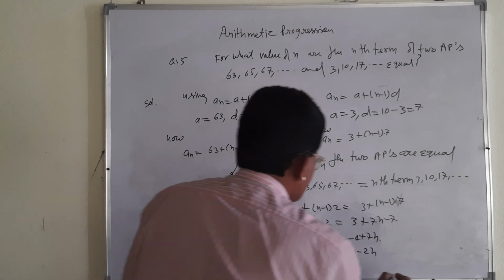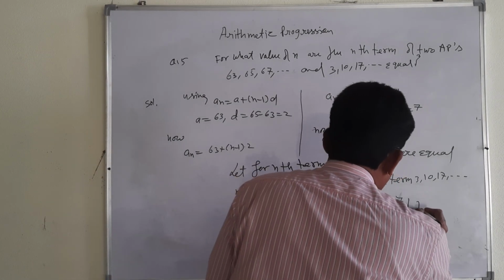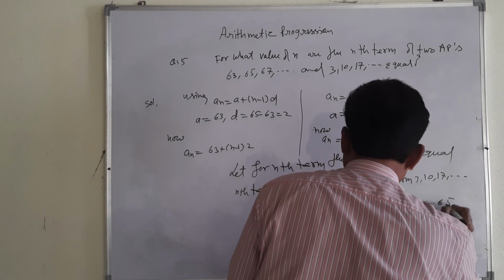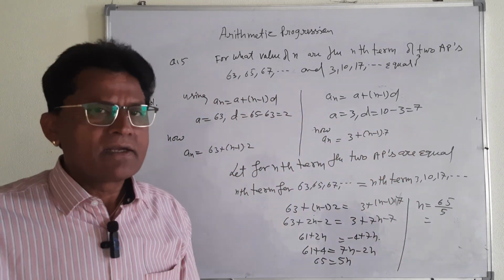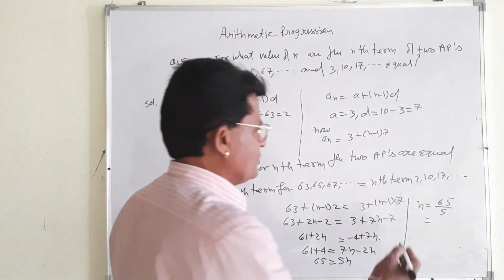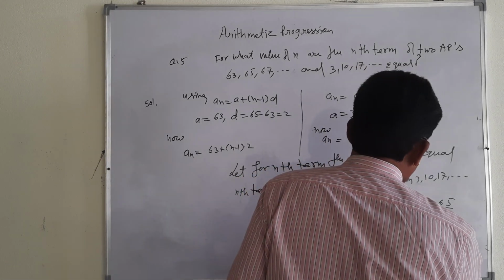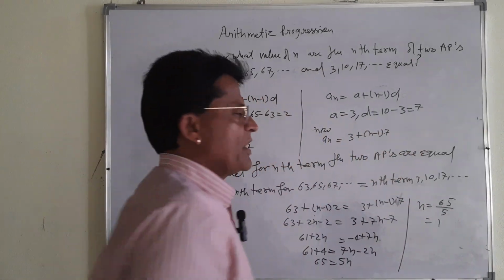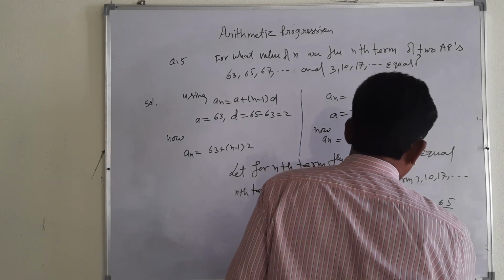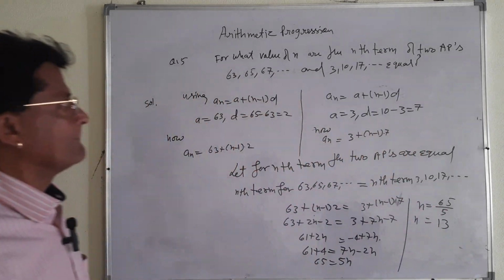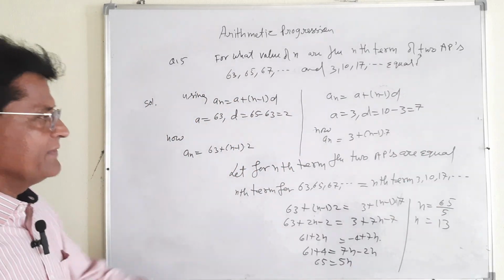Okay, what does it mean? n will be equal to 65 upon 5. My dear student, 65 you divide by 5, it will be how much? 13. n will be equal to 13.